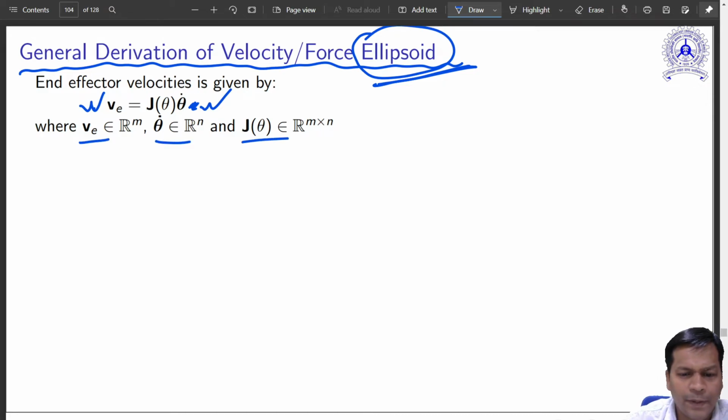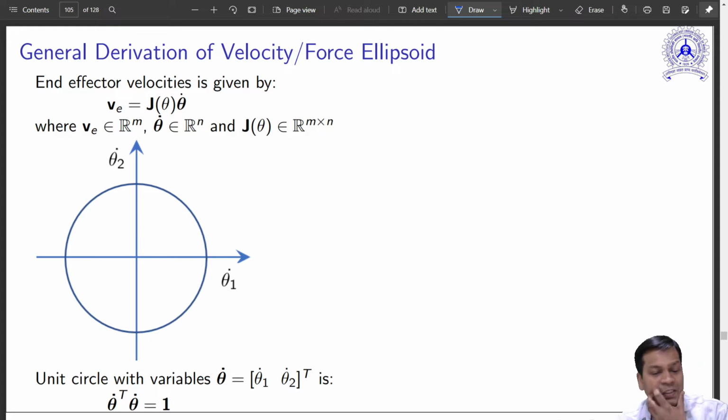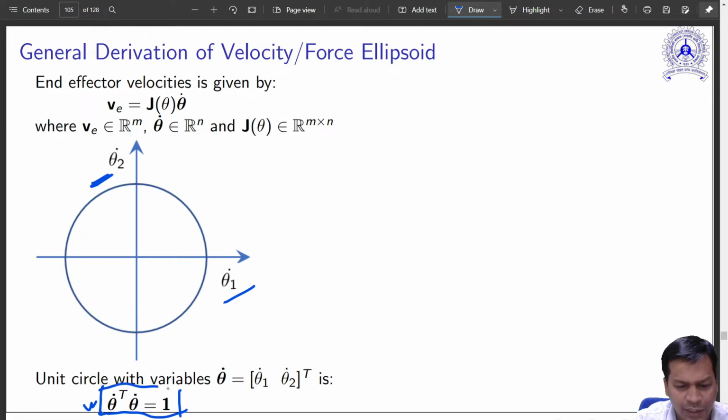Now, if you try to form an equation of a circle of unit radii, it becomes something like this in these two terms: theta dot transpose theta dot equals 1. This is nothing but the equation of a circle of unit radii.